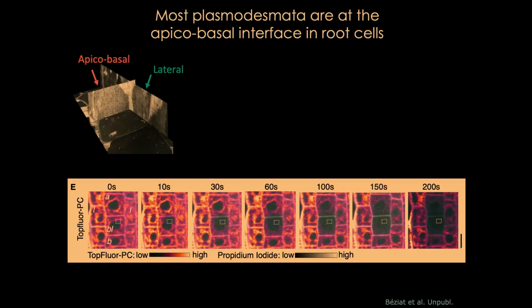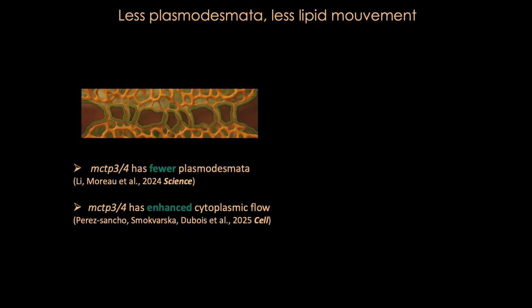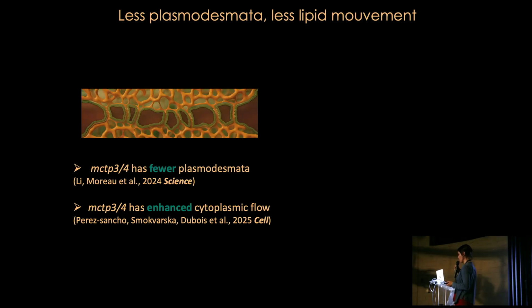But now what I'm showing you here, okay, it moves through plasmodesmata, but is it moving within the plane of the membrane, or is it moving because it's being taken up by a protein carrier that moves through the cytoplasm? To distinguish between those two options, we've used MCTP mutants, because those mutants have fewer plasmodesmata, so they have fewer membrane tubes available between cells, but they show higher cytosolic movement of molecules because the cytoplasmic gap is looser, right?